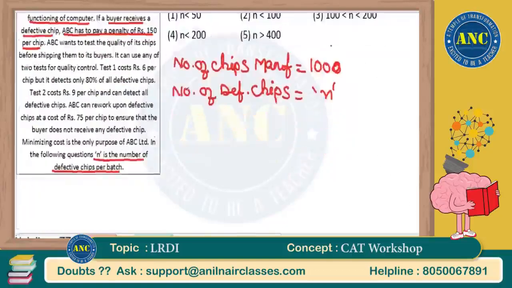Now see, instead of discussing like this, I will make it in simple language and use ANC as an example to explain. Suppose Anil Nair Classes gave an order for 1000 books to a Xerox vendor. He printed them and submitted them to the office.